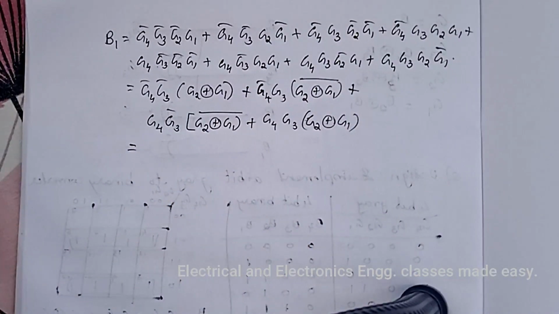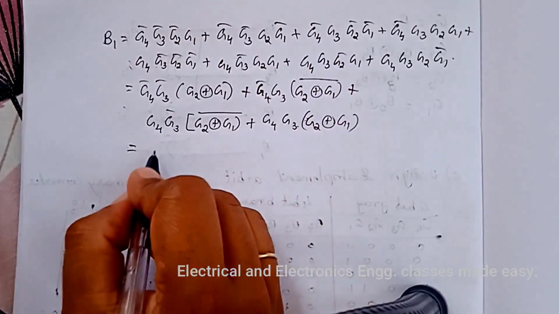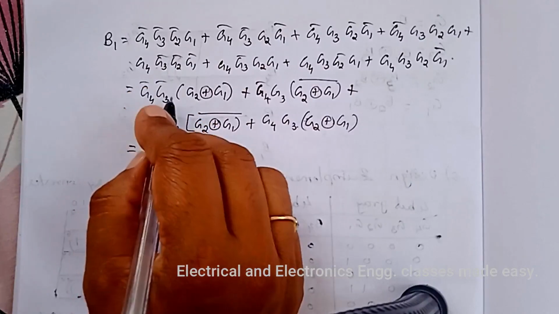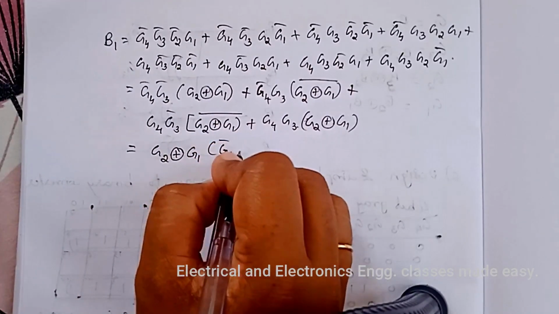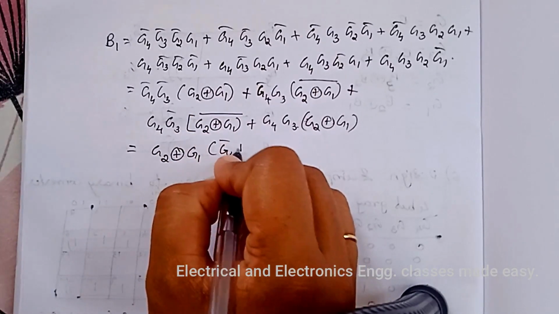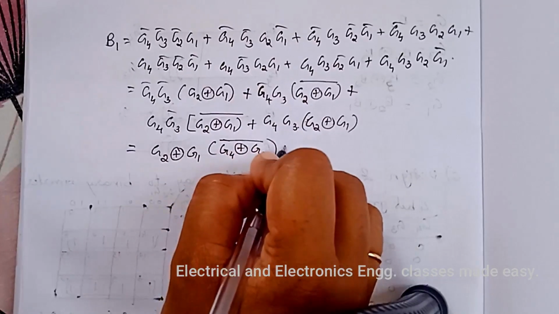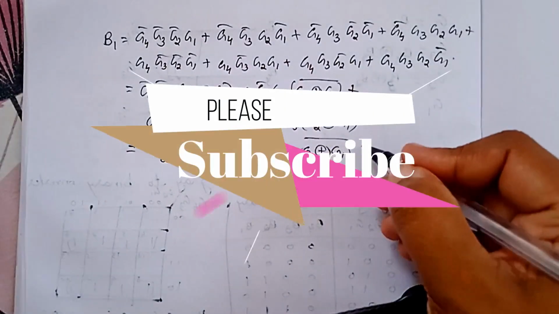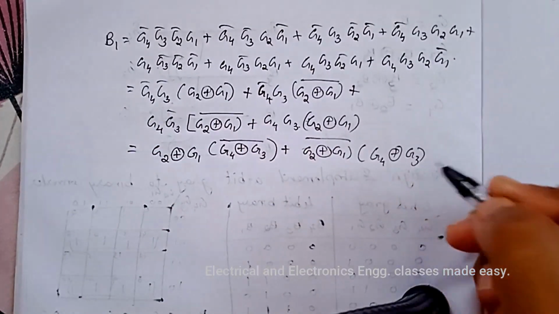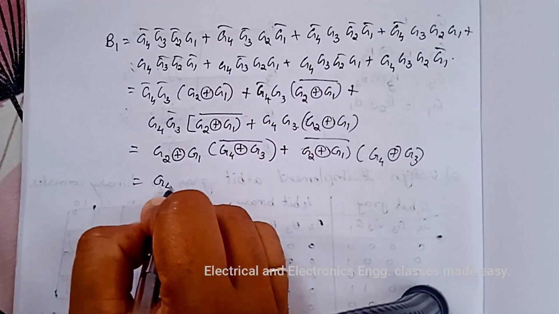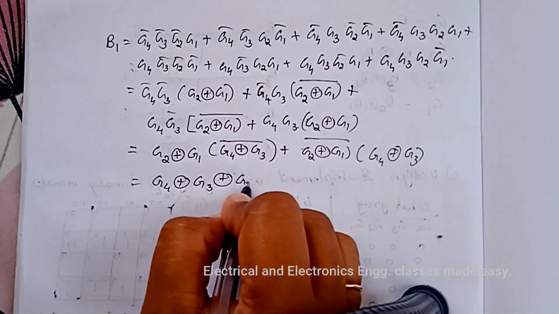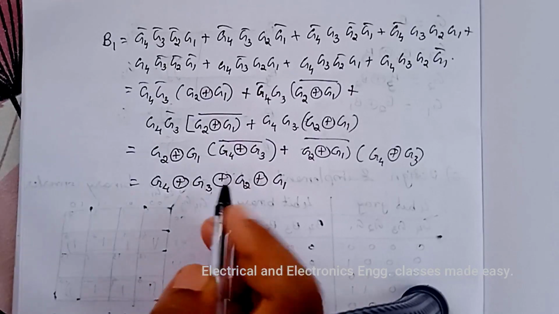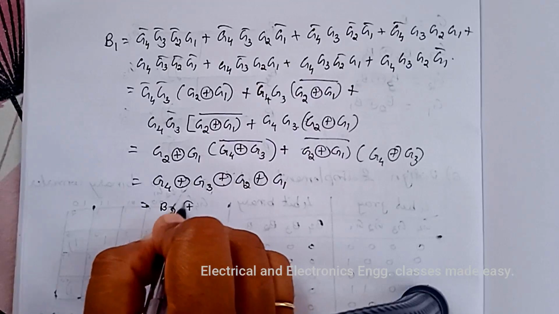and here G2 XOR G1 is common here, that is G2 XOR G1 into, this is G4 bar, G3 bar, G4 G3, that is G4 bar, that we can write G4 XOR G3 whole bar, plus here also G2 XOR G1 bar is common, and we can write here G4 XOR G3, and this one we can write G4 XOR G3 XOR G2 XOR G1, and G4 XOR G3 XOR G2 is B2 XOR G1.